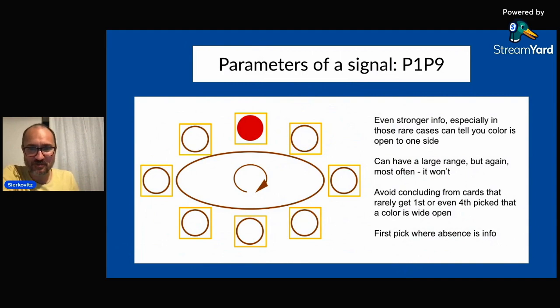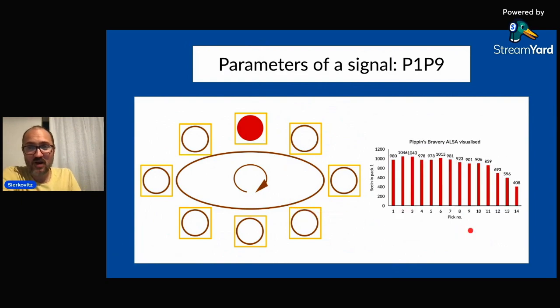theoretical aspects of signal, pick 1 to pick 9 is the first pick where absence is also info. So we were talking about Pippin's Bravery earlier, and Pippin's Bravery will wheel 90% of the time.